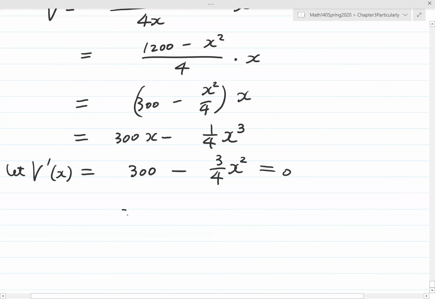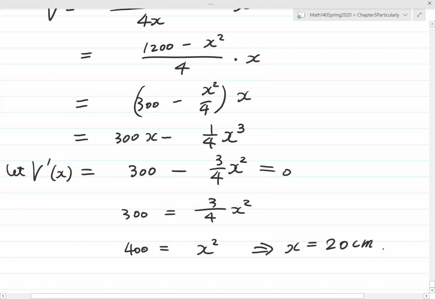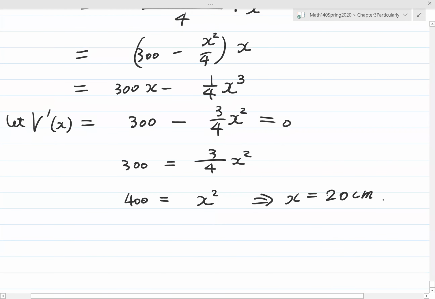So 300 equals 3 over 4 X squared. So you get 4 times 300 over 3, 400 equals X squared. In that case, solving for X, X is 20 centimeters. Then you check that indeed you get the maximum. Then V max equals V(20).